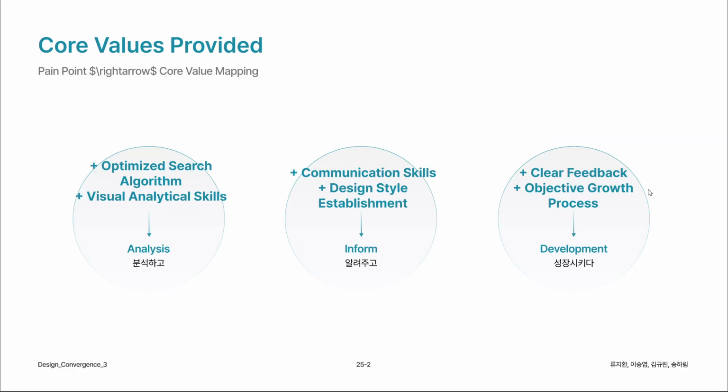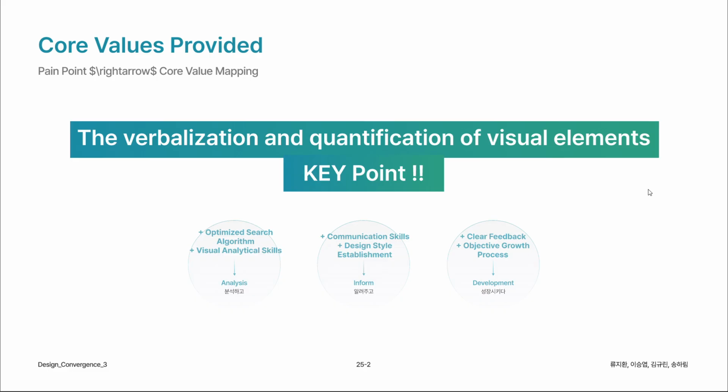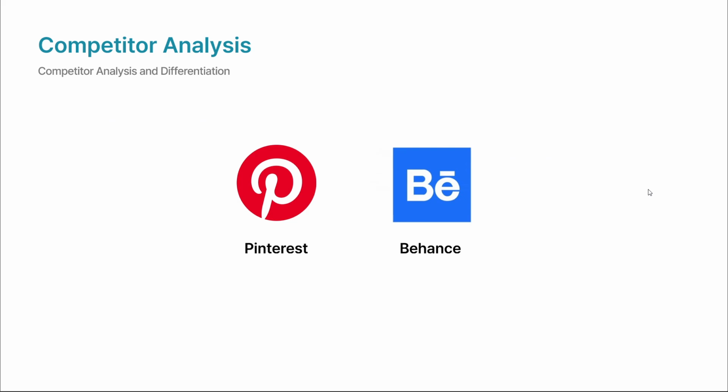From these insights, we defined our brand's 3 core values: analyze, inform, and develop. And the key to delivering these 3 values is through the visualization and quantification of visual elements. When we looked for similar services, 2 platforms came to mind: Pinterest and Behance.